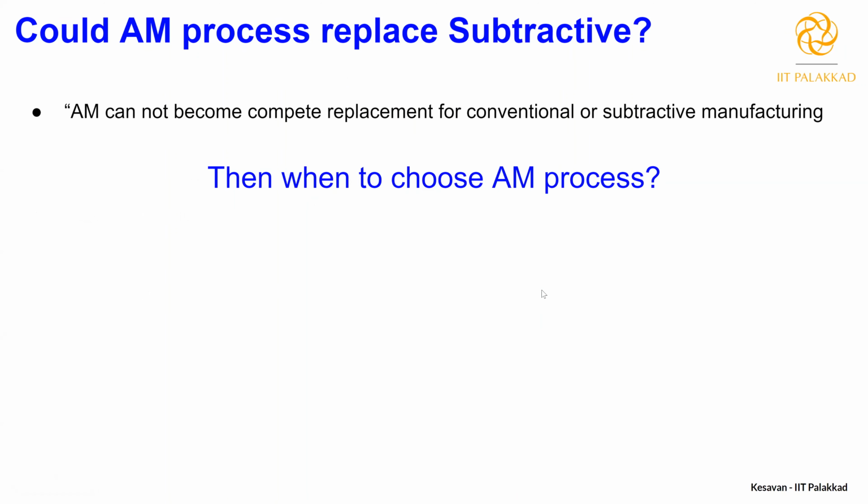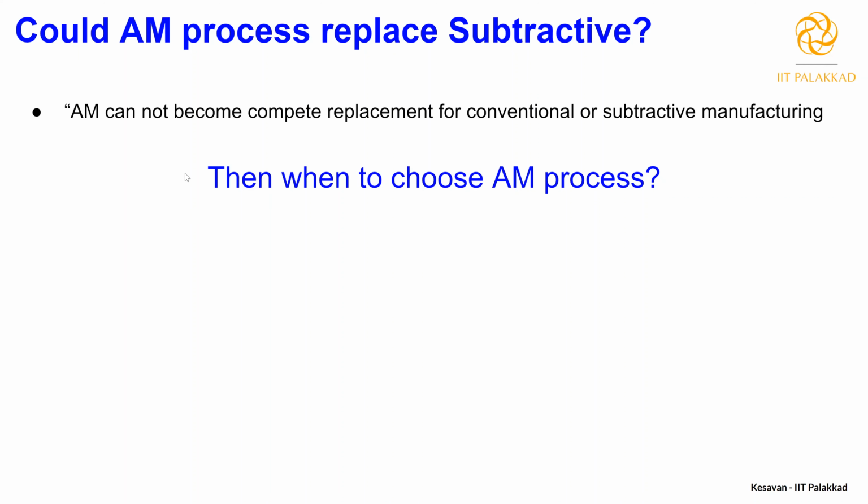Okay, so now you know the basic difference between conventional and subtractive processes, and some history about the additive manufacturing process. Now if you look at India, both academics, almost all IITs, and most of the industries and R&D have started working on additive manufacturing.